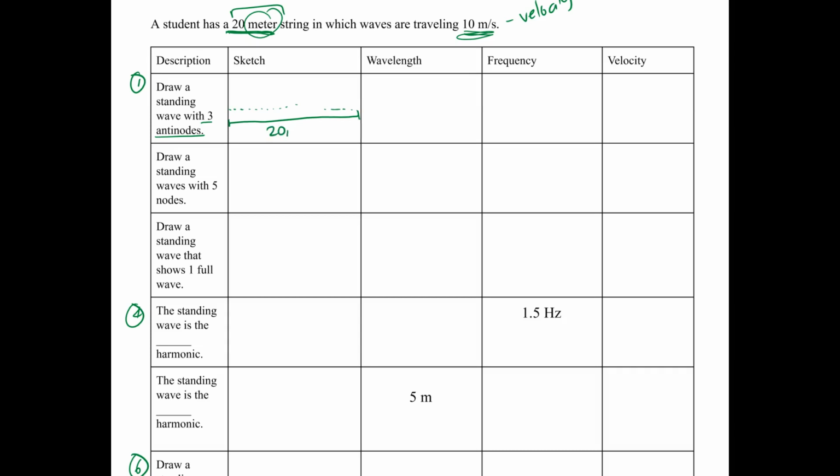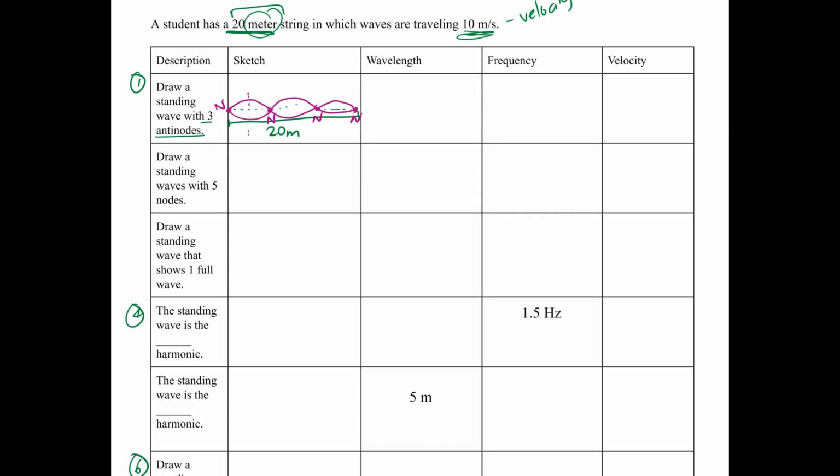Our string is 20 meters long, and we are going to draw the 3 antinodes now. I'm going to draw it in a different color. We have 1, 2, 3. So this is a node, this is a node, this is a node, and this is a node.